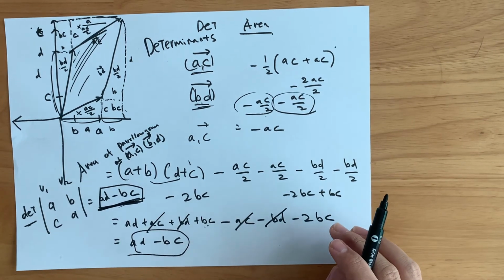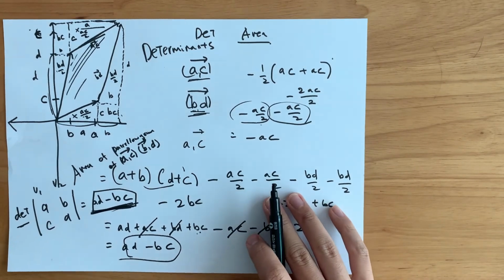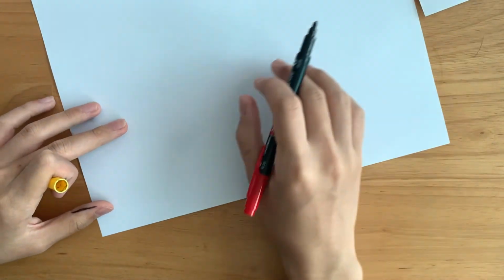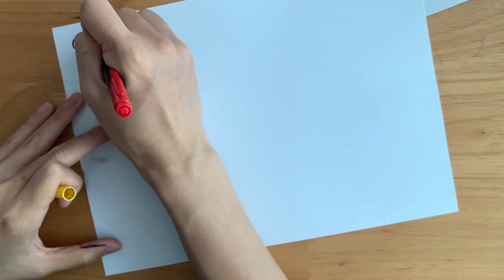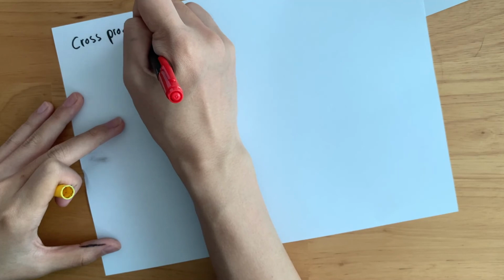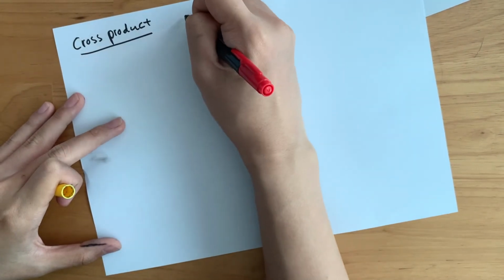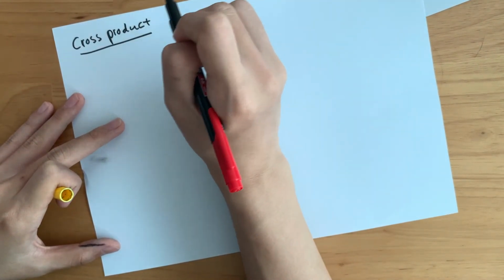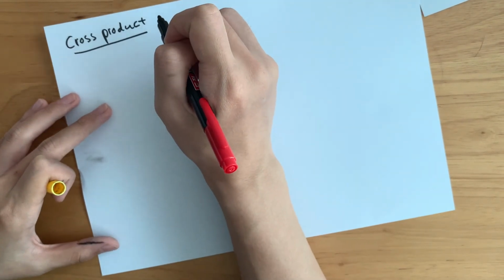So I continue to cross products, the last part. Cross product. I needed to tell you what the determinant is in order to talk to you about the cross product.